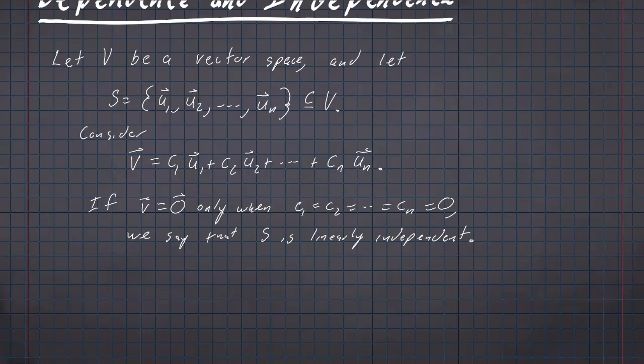And the definition we're going to use here: if this linear combination vector v is equal to the zero vector only when all of the coefficients, c1, c2, all the way through to cn are all zero, if that is the only way to make v the zero vector, we say that S is linearly independent.